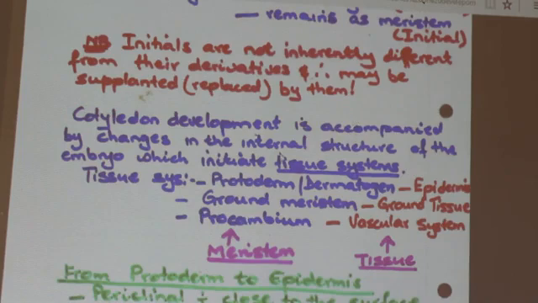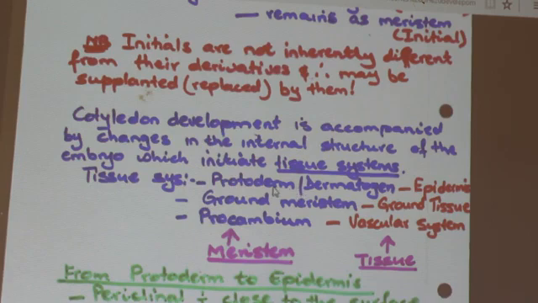I've already explained these meristems to you, and these meristems are meristems that you will find in the embryo, embryonic tissue. These meristems, which are going to give you the epidermis, the ground tissue, and the vascular system, become apparent by the shape of the cells, the location of the cells, and the overall function that they will eventually produce.